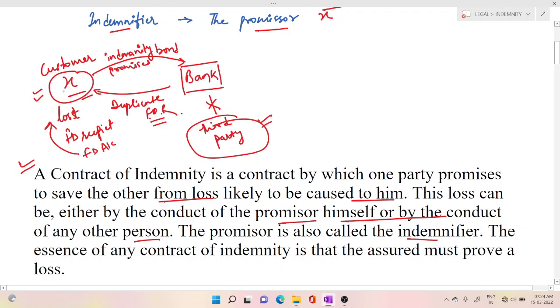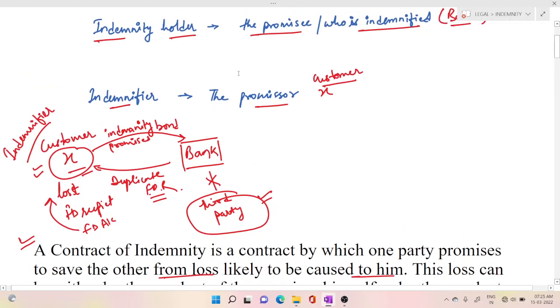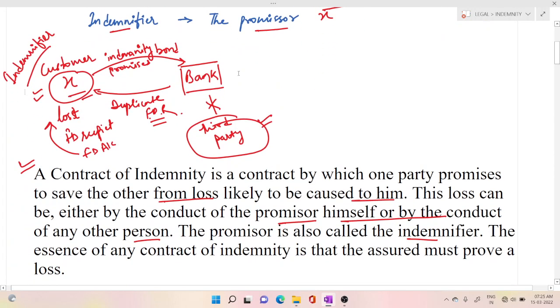Here X is the promiser, so in this case X is the indemnifier, and the bank is the indemnity holder.